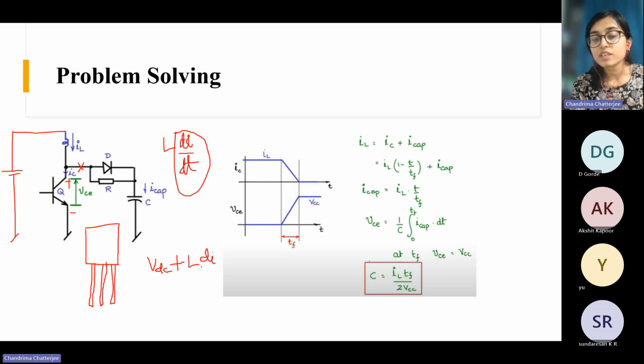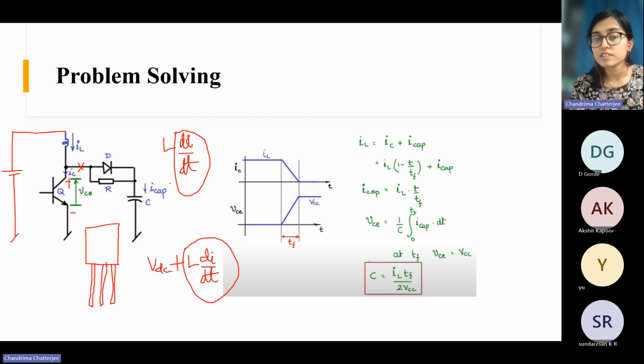Now you don't have any control over this L di by dt. Based on your turn off transition of this switch, this L di by dt can vary. So this can be very large sometimes. If this is very large, this total quantity may exceed the voltage rating of the device and your device will blow off. Your device will be gone. So we can't let this happen. This L di by dt you will have to eliminate.